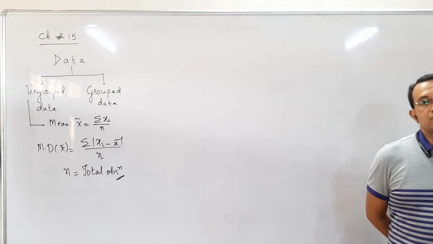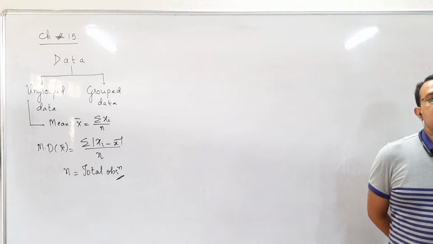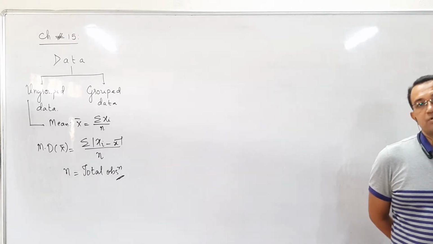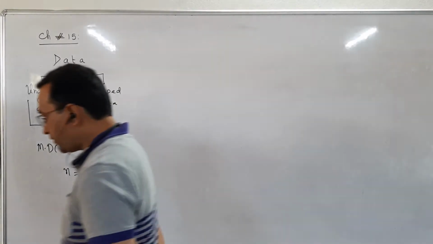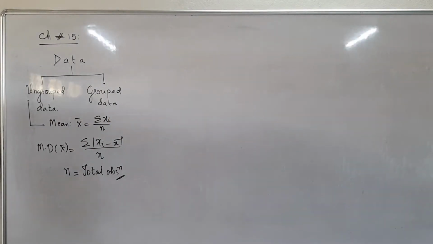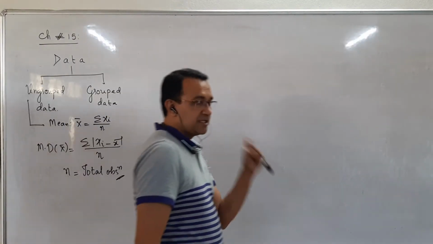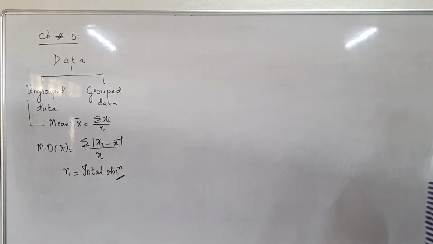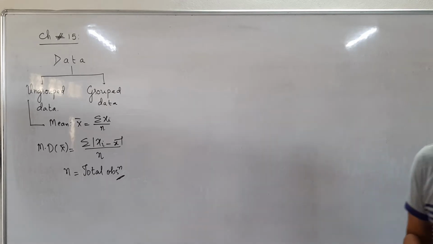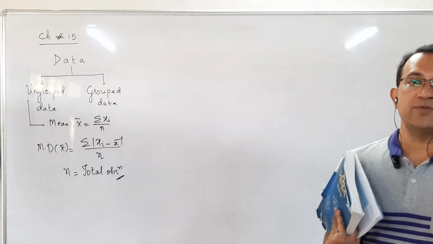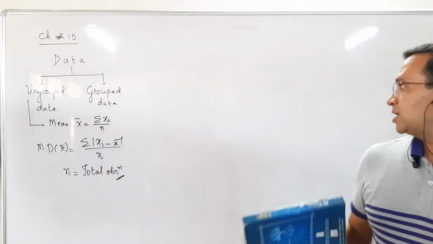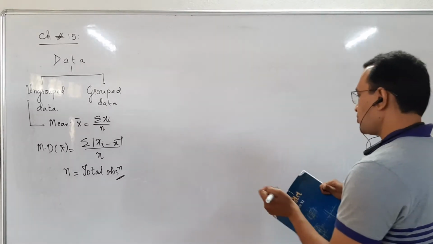What is n, students? Total number of observations. This we have to remember. For a given question, the first thing is to identify whether this is ungrouped data or group data, and correspondingly we have to apply the formulas.